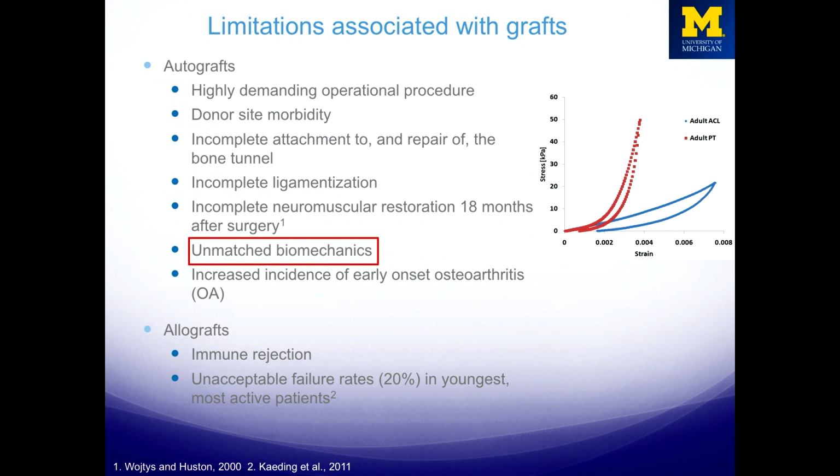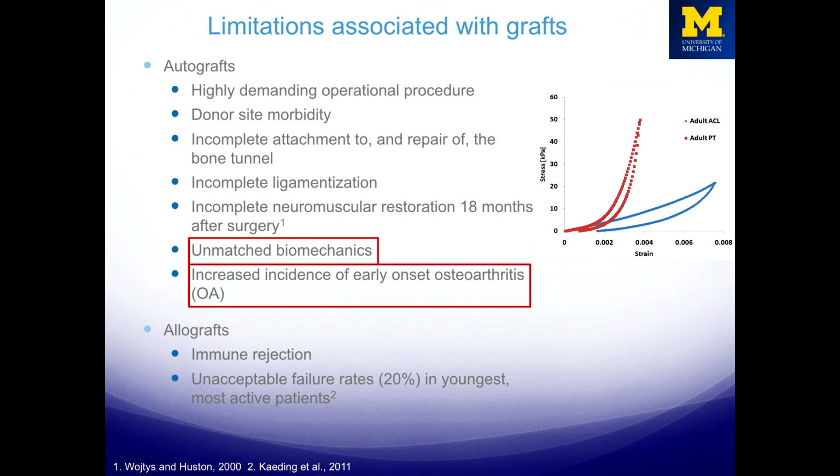So the patellar tendon being the tissue that's often used to replace the ACL. You see the nonlinearity, you see viscoelasticity in the response, and you see also that the patellar tendon is not a good biomechanical match for the ACL. It's much stiffer, right?